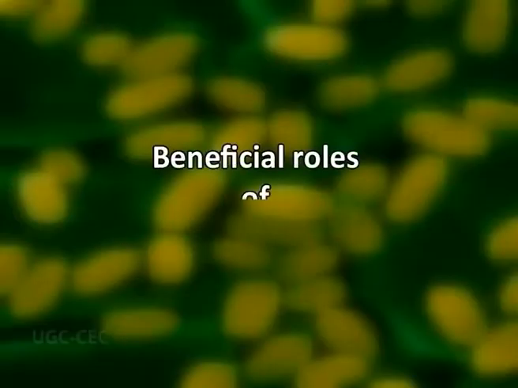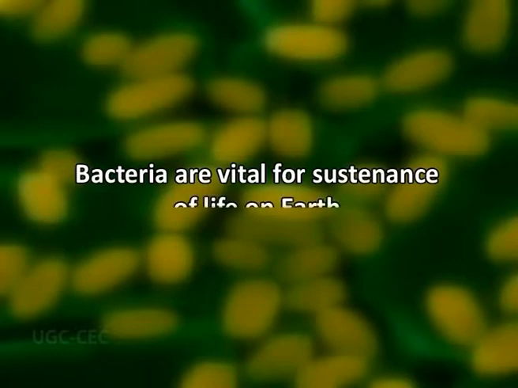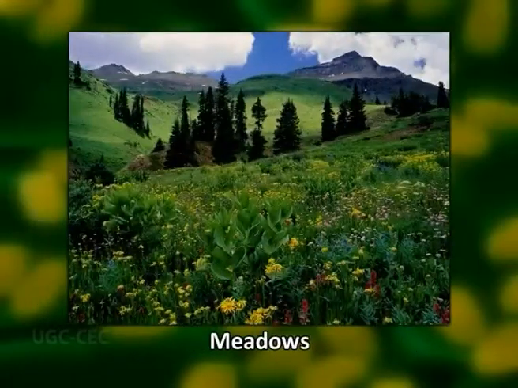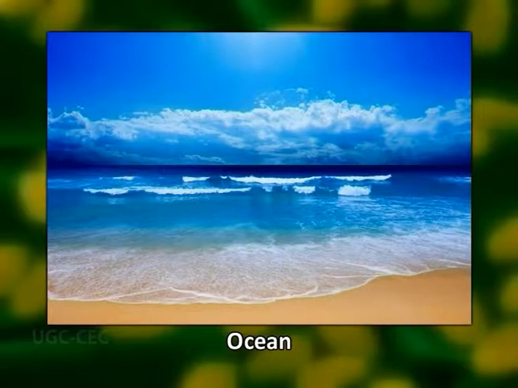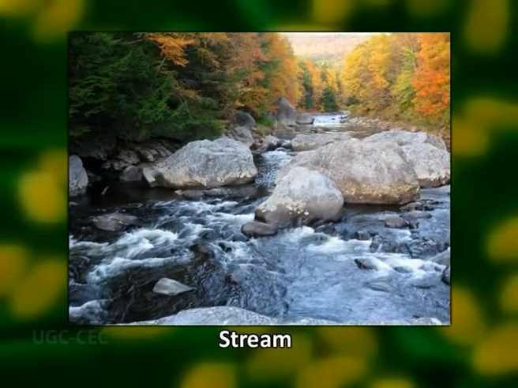Let us first talk about the beneficial roles of bacteria. When we talk about the beneficial roles of bacteria, bacteria are vital for the sustenance of life on earth. The world is a beautiful place with green forests, meadows with beautiful and fragrant flowers, fruit and crop fields, blue oceans, lakes, gushing streams, all harboring life.